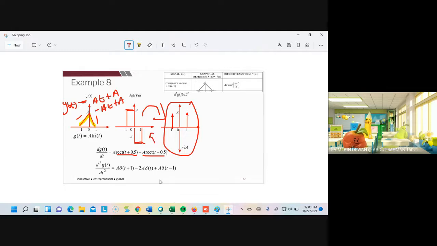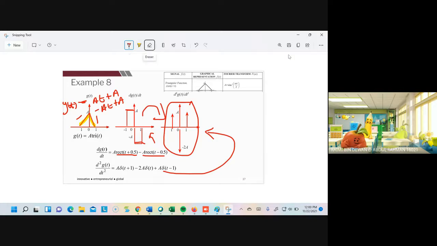When we do the second order differentiation, we will obtain the answer in impulse form. You can do either one, or maybe the question will ask you to do a specific one, for example first order differentiation or second order, depending on you.